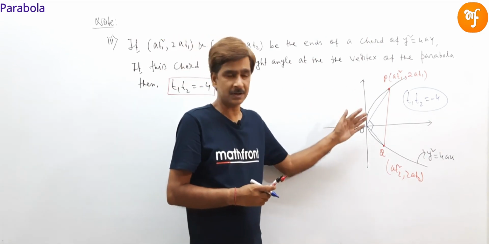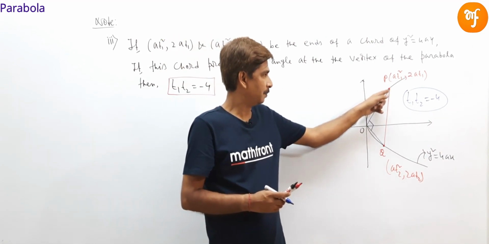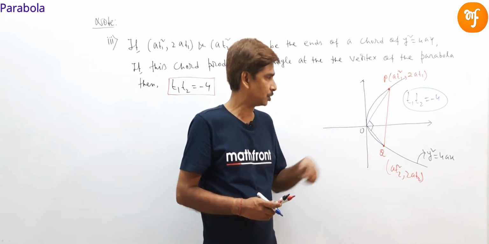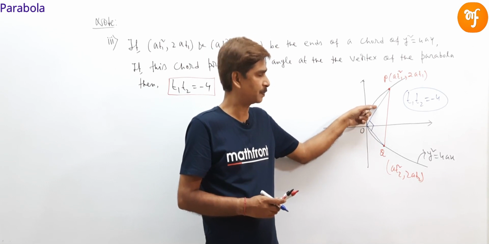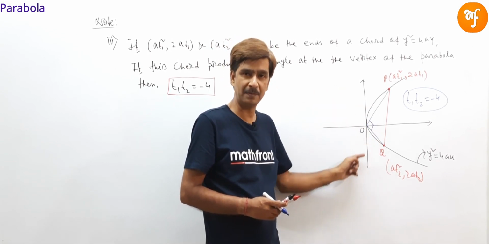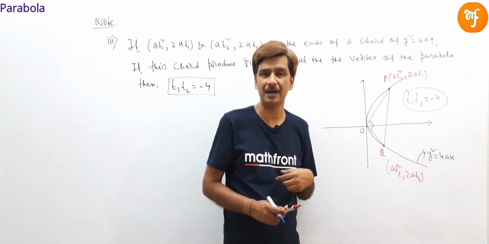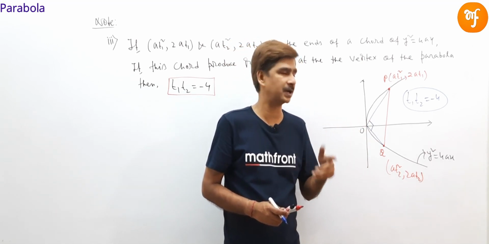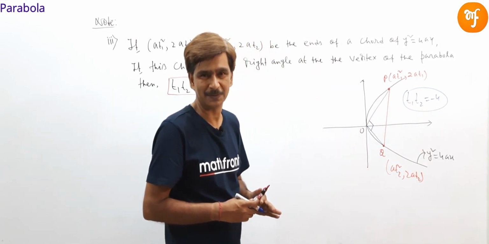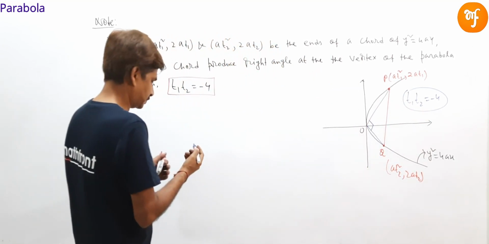Now to prove this, just look, PO and OQ are perpendicular to each other. So if the slope of PO is m1 and the slope of OQ is m2, then m1 into m2 becomes what? Minus 1. So applying this property, easily we can prove the value of t1 into t2 becomes minus 4. Okay, so let's prove.